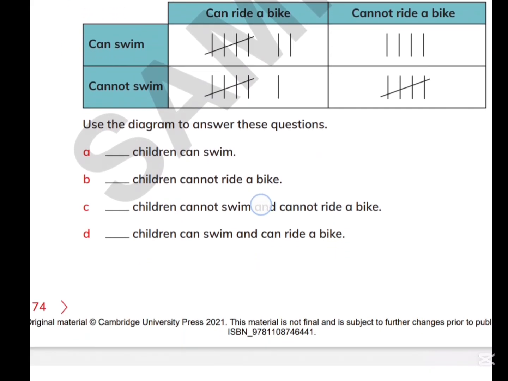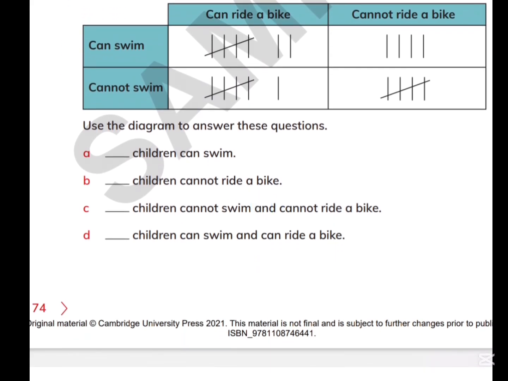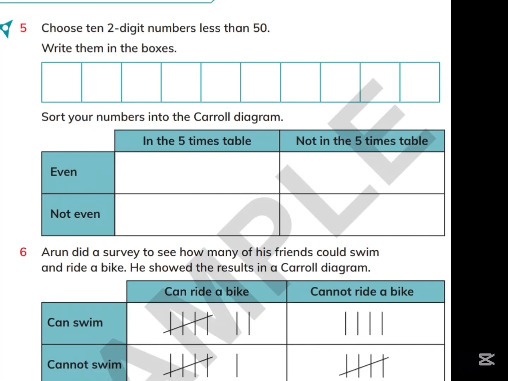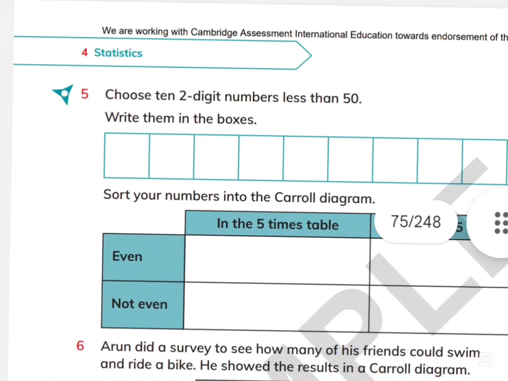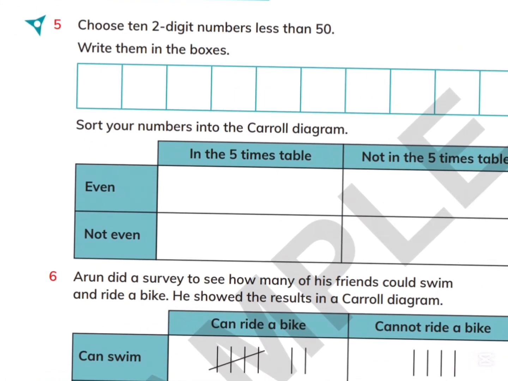This is page number 74. Okay, choose. Now we are doing page number 74, question number 5. Choose 10 two-digit numbers less than 50. Write in the boxes.